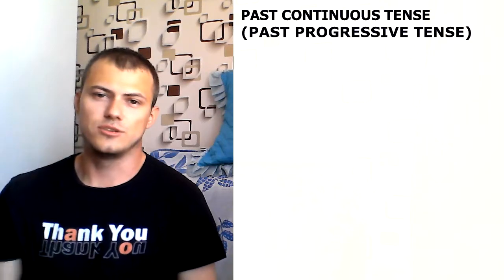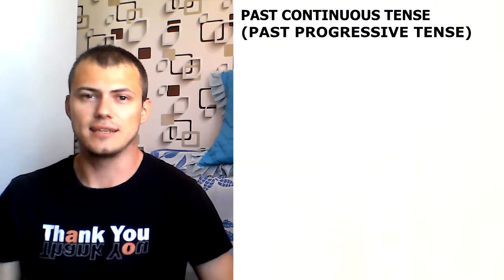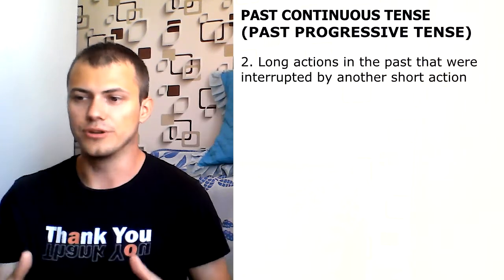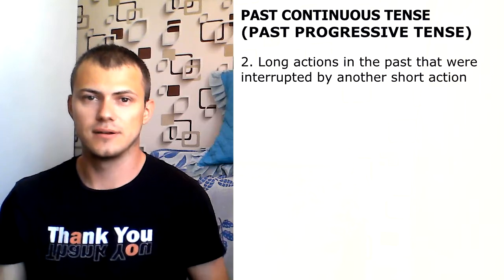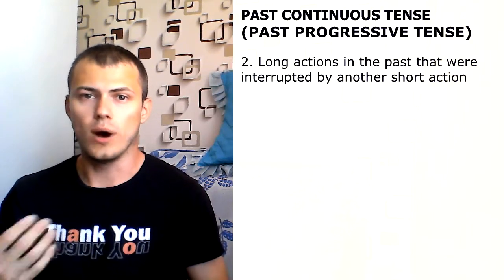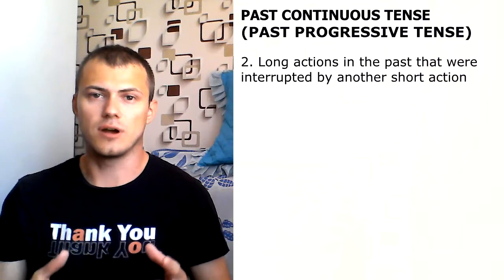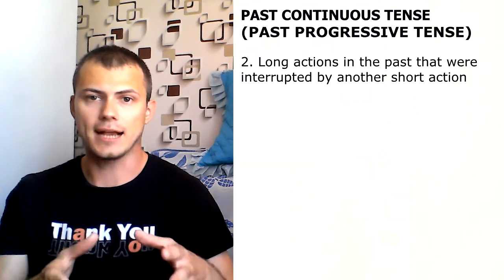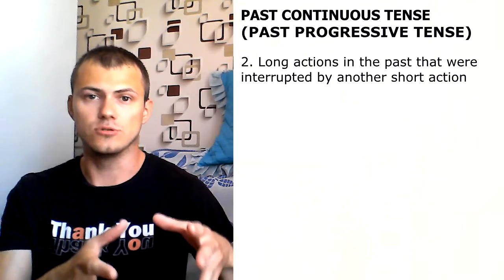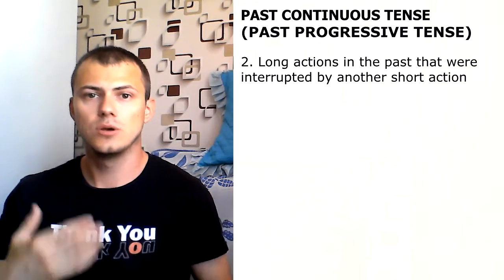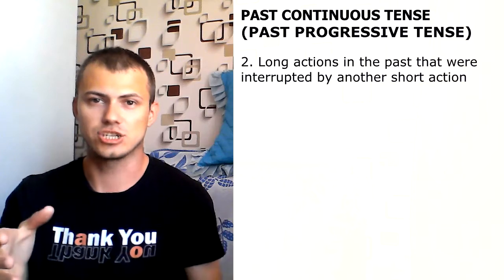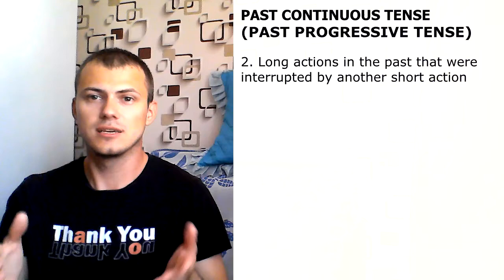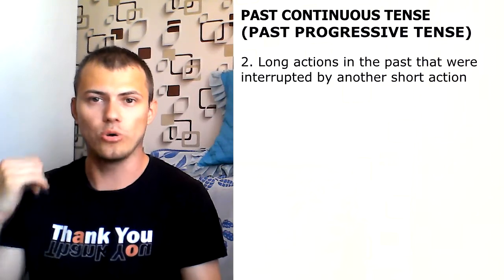The second usage of the past continuous tense is interrupted ongoing actions in the past. And normally, when we talk about interrupted actions, in our sentences we have an action in the past continuous tense and we have a short action in the past simple tense that stopped the ongoing action.